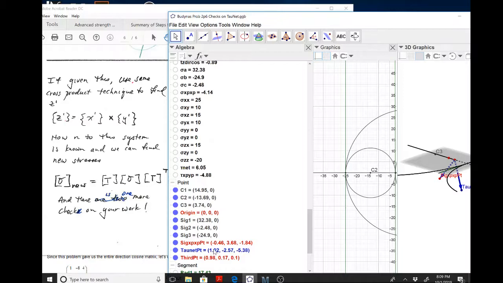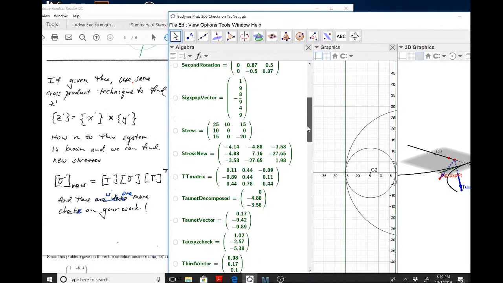And there's obviously the 1.02, but I've been focusing on the last one. So there it is. That's the decomposed tau net back into 3D, so it has an x, y, and a z component.